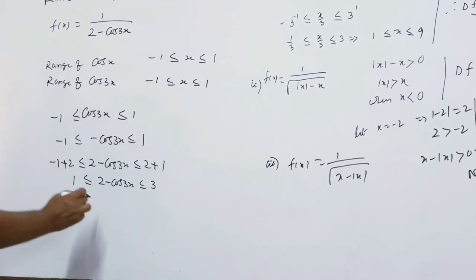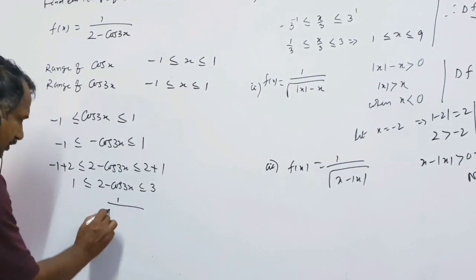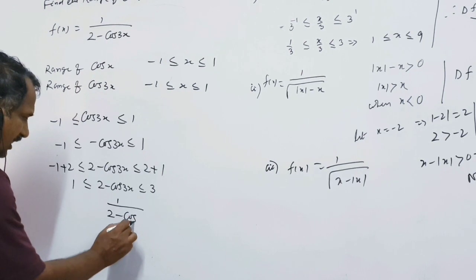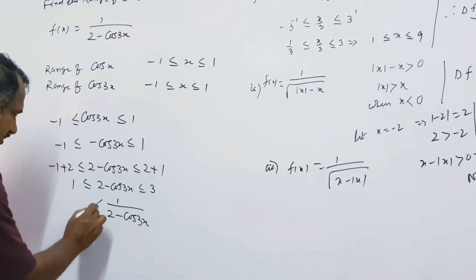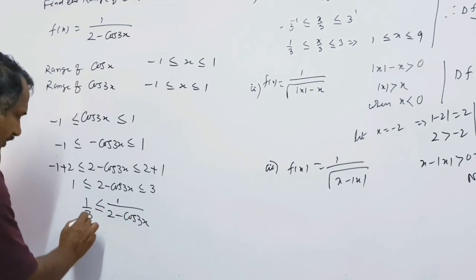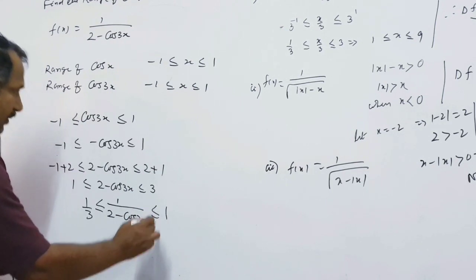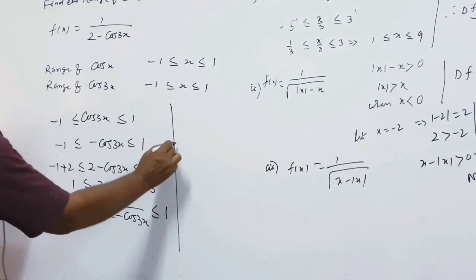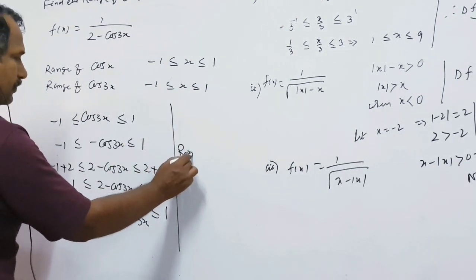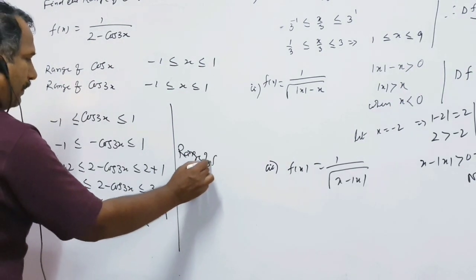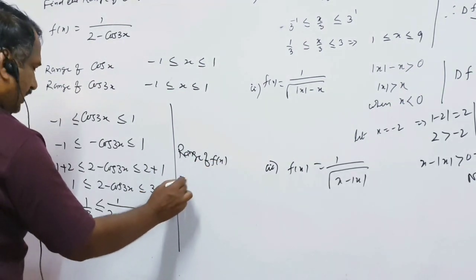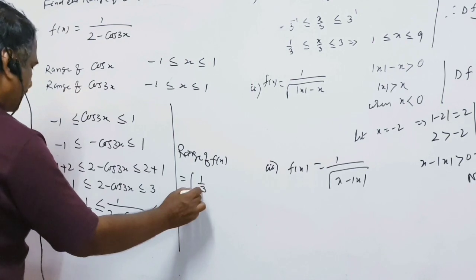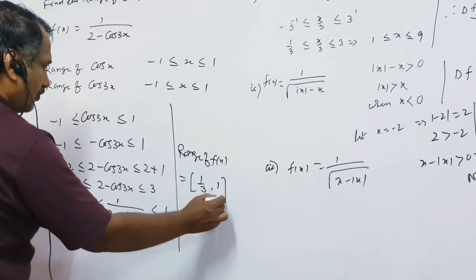If you take reciprocals, 1 by 2 minus cos 3x lies between 1 by 3 and 1. Therefore the range of f of x is 1 by 3 to 1.